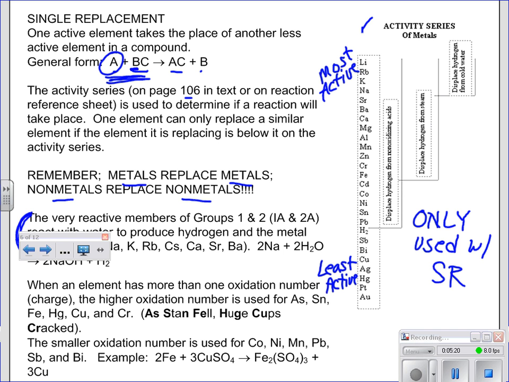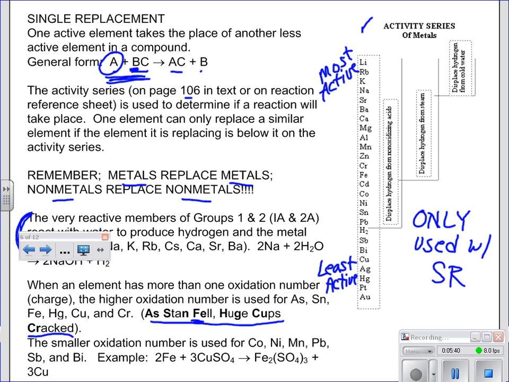If it's in a compound, then you can figure it out. But if you see it as a singleton, then you have to think about this phrase: As Stan fell, huge cups cracked. And if it's iron, you do know that that would be the higher charge of a +3. If it's not part of that phrase, then it's going to be the lower charge.